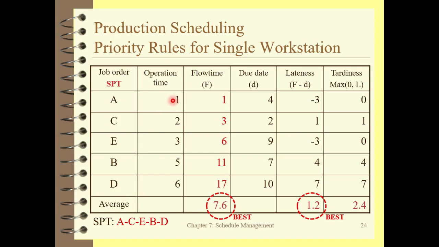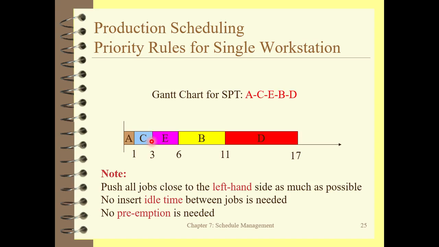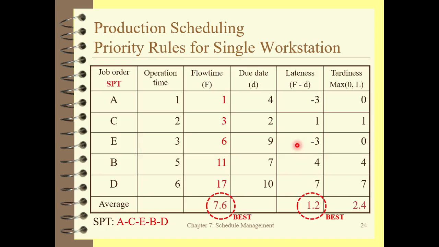ACEBD. And then the operation time, and the flow time, just copy from the Gantt chart: 1, 3, 6, 11, 17. And then copy the due date, right? 4, 2, 9, 7, and 10. Lateness is equal to completion time minus due date, or flow time minus due date.